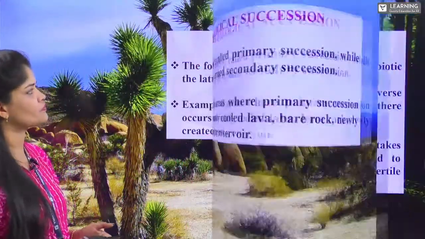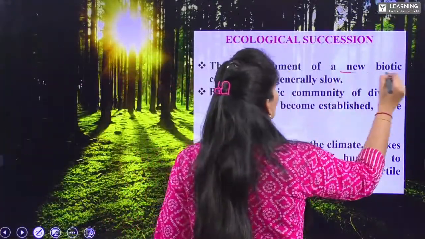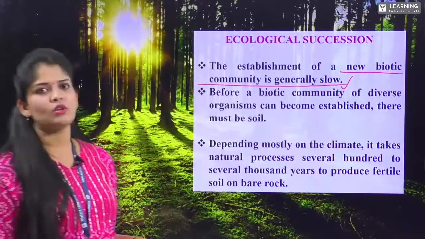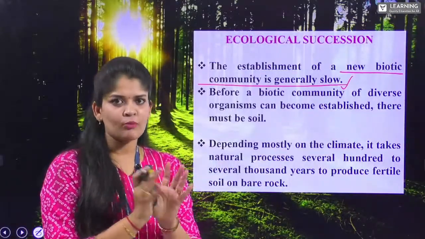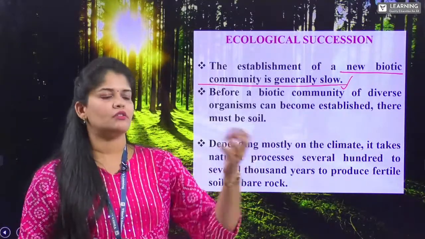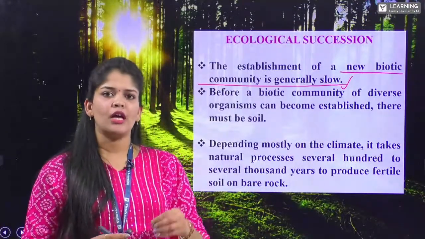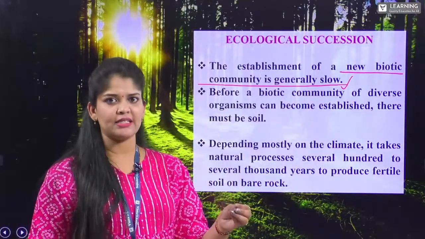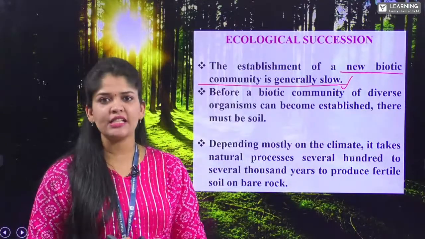Now, here, the establishment of new biotic communities is generally slow, because we are talking about primary succession. Primary succession is shown by an area where we never have the possibility of existence of living organisms. Therefore, in order to make that area convenient for the growth of living organisms, it has to show some vegetation, and that vegetation has to come from fertile soil.